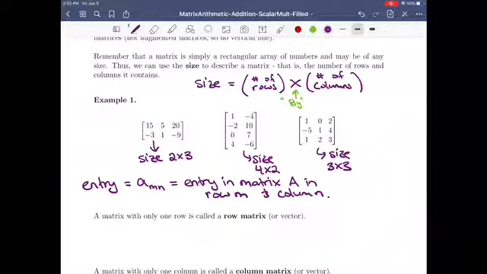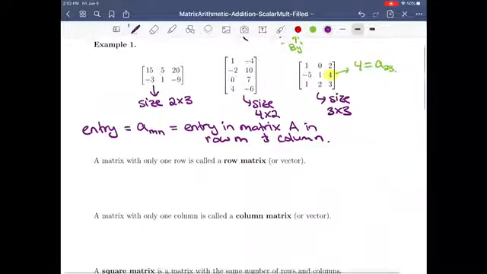If we wanted to describe, say, this 4 here, we would note that it is in the second row, third column. So we would write a_2,3 for that entry. It's always rows and then columns in every scenario.